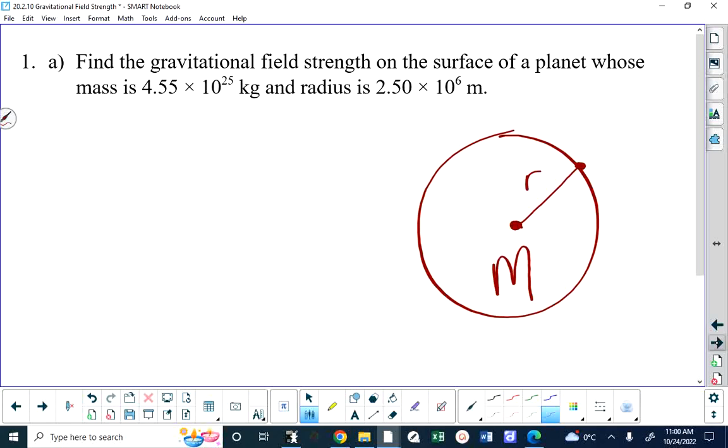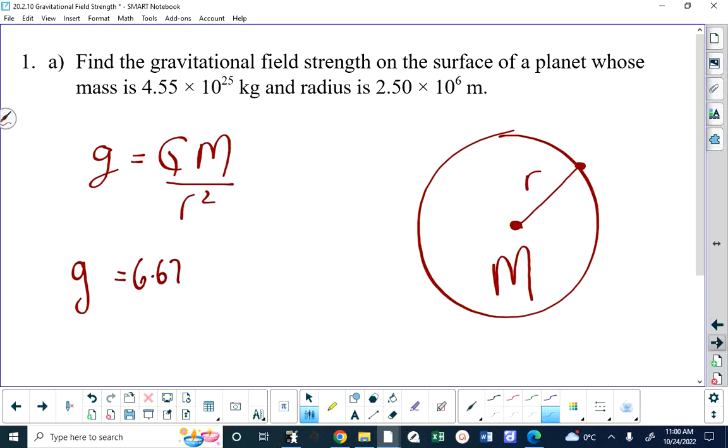Or, since I know the properties of the source, I can use this formula. So little g is 6.67 times 10 to the negative 11 newton meters squared per kilogram squared times the mass of the planet.